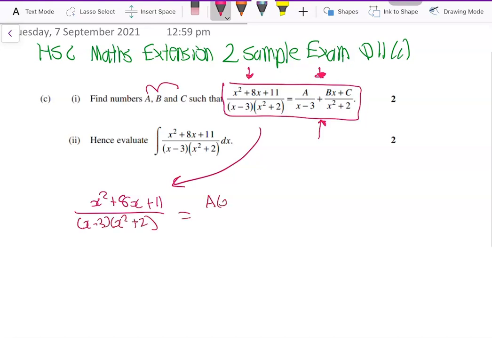So we have a(x squared plus 2) plus (bx plus c)(x minus 3), over (x minus 3)(x squared plus 2).